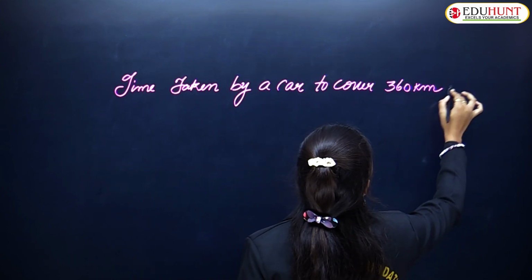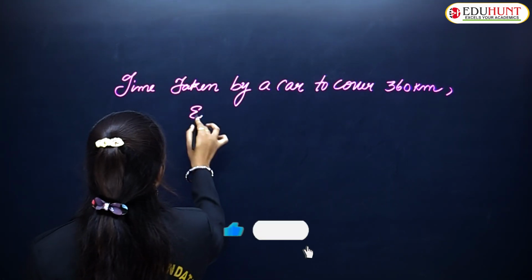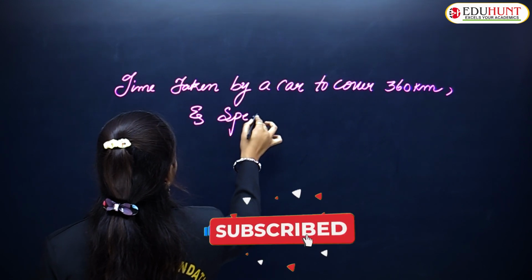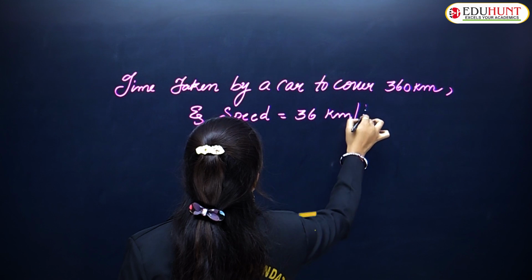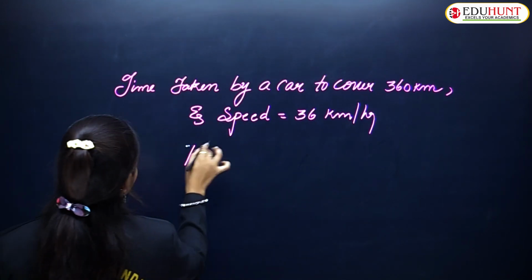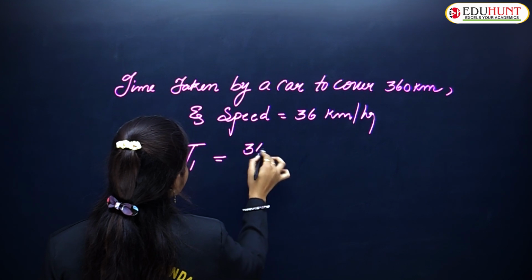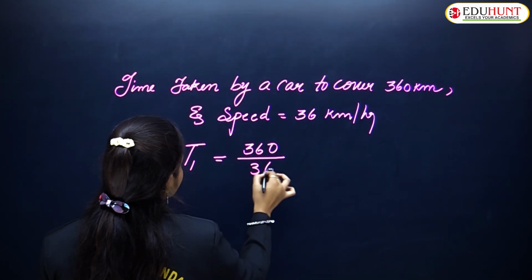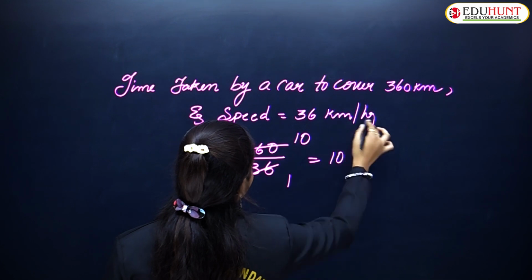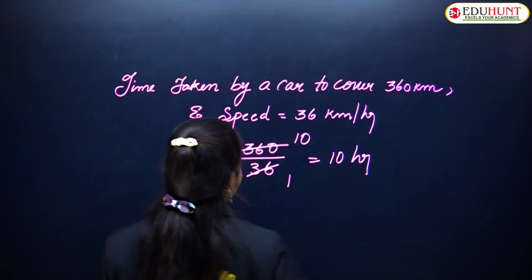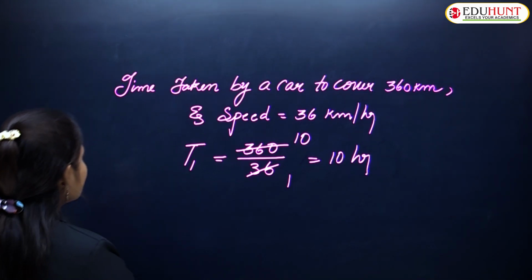So T1 is equal to 360 by 36. 36 tens are 360, so T1 is equal to 10 hours.